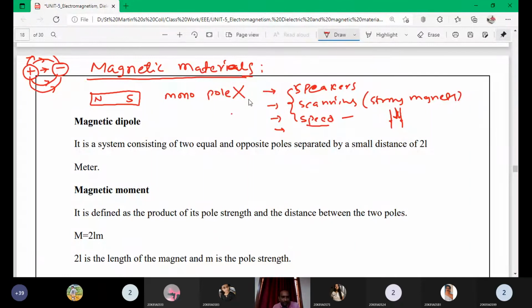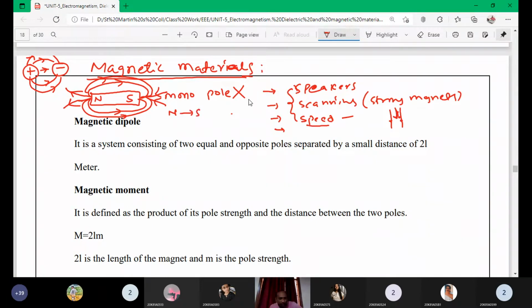Always magnetic lines of force pass from north to south. These are what we call magnetic lines of force or the magnetic field. Always north to south, and here also magnetic lines of force always go north to south.